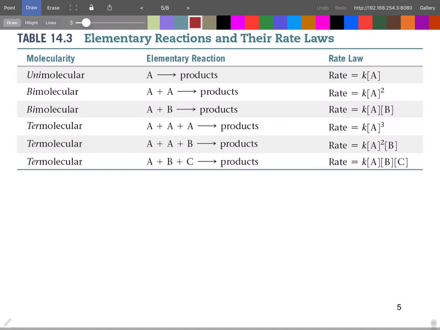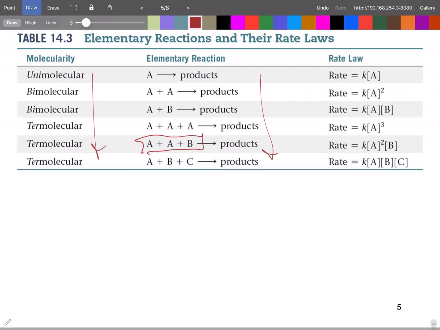So if this is out of your text, you'll notice they have the molecularity and the elementary reaction, and this is where I did tell you that elementary equations are different because you can actually use what you have here to determine the rate law.